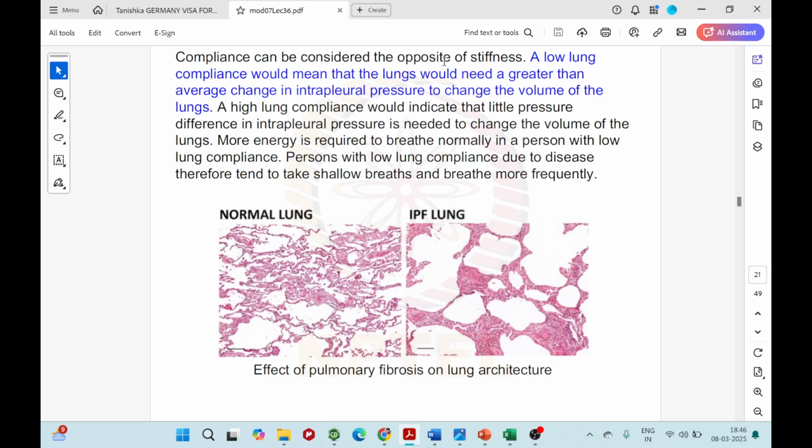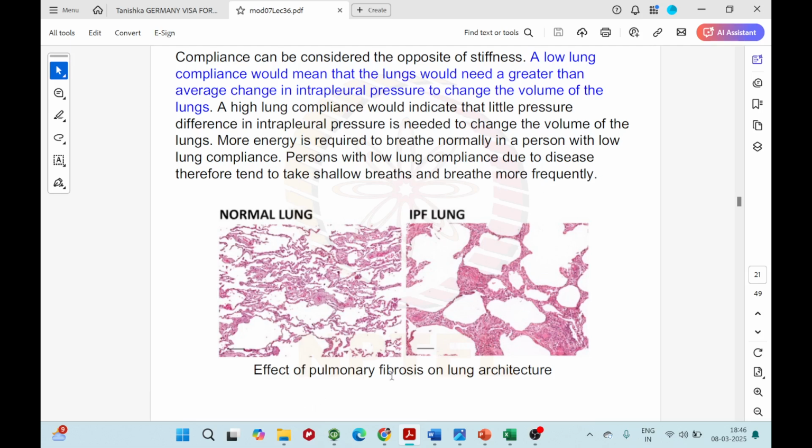If there is a low compliance, it means more intrapleural pressure is needed to change the lung volume. Low lung compliance would mean that the lung would need a greater than average change in the interpleural pressure to change the volume of the lung. So a person with low lung compliance due to disease tends to take shallow breaths and breathe more frequently.